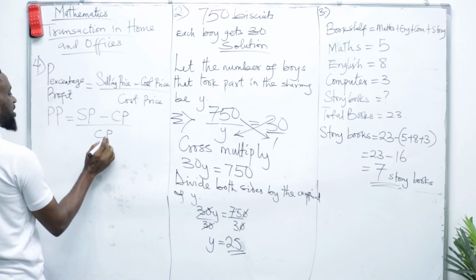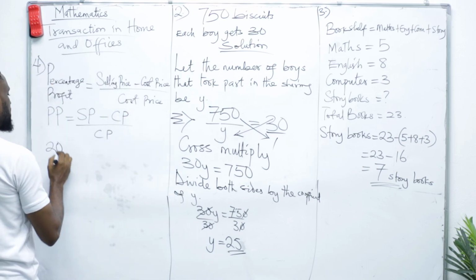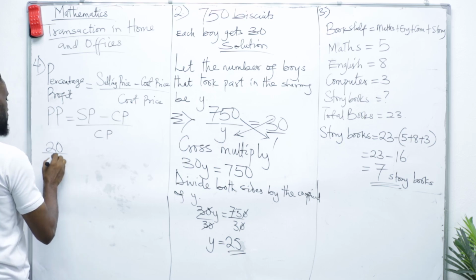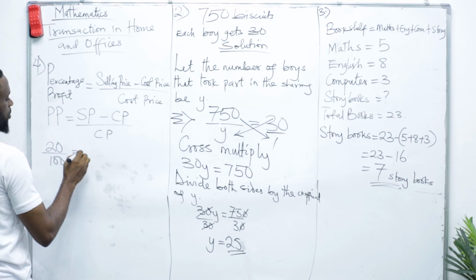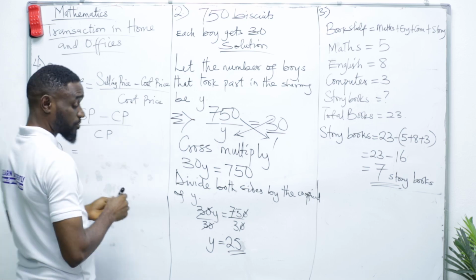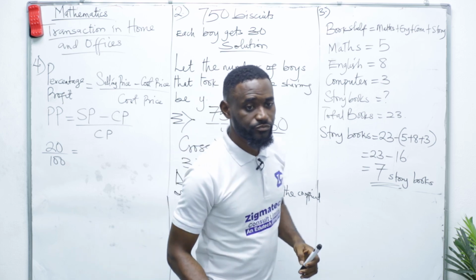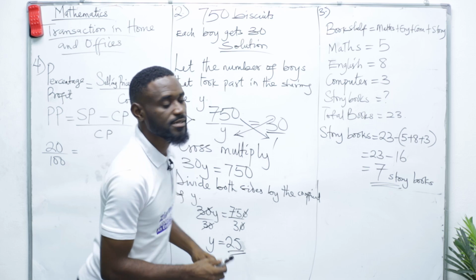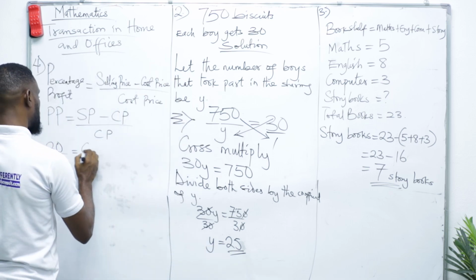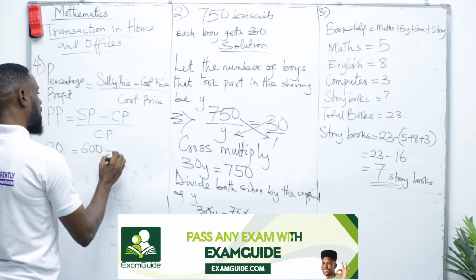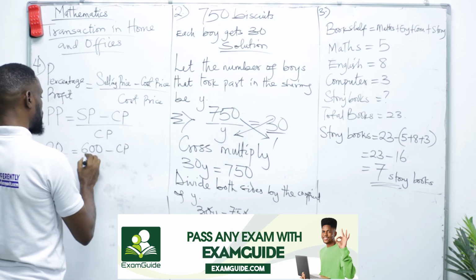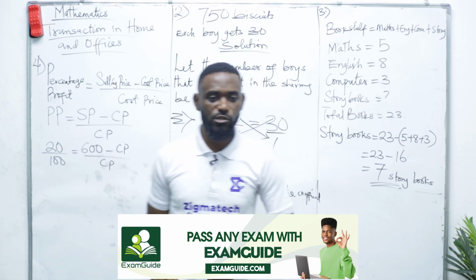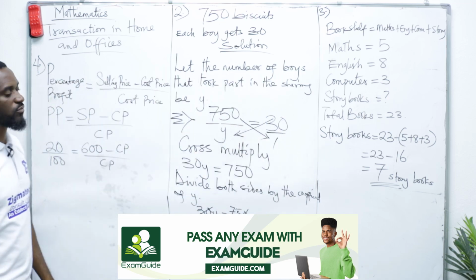So putting our values, this is 20%. Our selling price is 600. Our cost price, we don't know. Remember, the question is find the cost price. So it's the cost price that we don't know that we want to find.